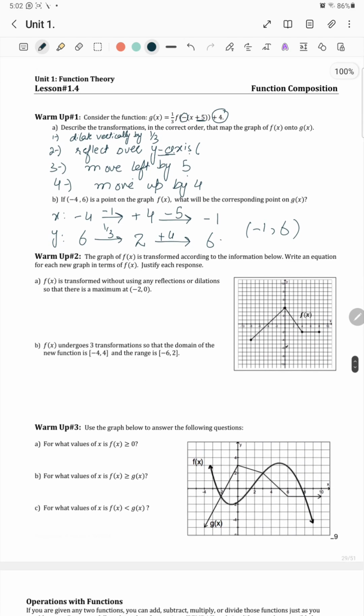The graph of f of x is transformed according to the information below. Write an equation for each new graph in terms of f of x. Justify each response. F of x is transformed without using any reflections or dilations. So there is a maximum at minus 2, 0.